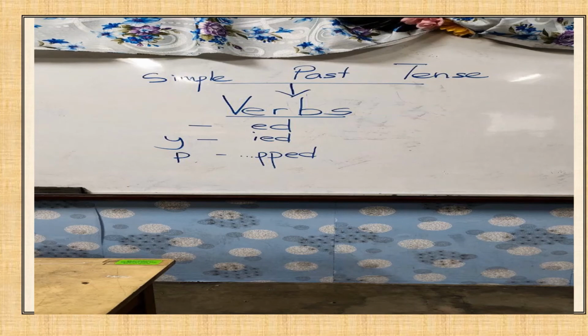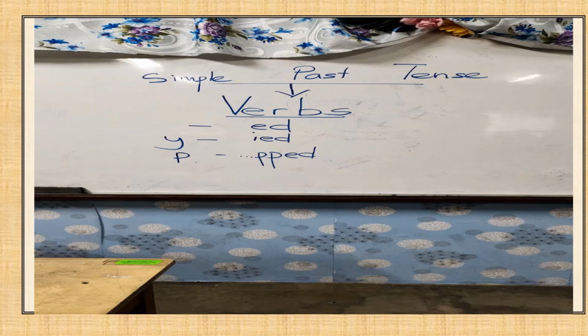Actually, there's a lot of things that you need to know. But to make it simple, for my students who need to understand how we write the verbs in the past tense, I hope you understand a little bit at least from what I have explained.